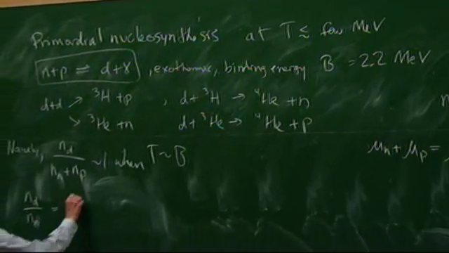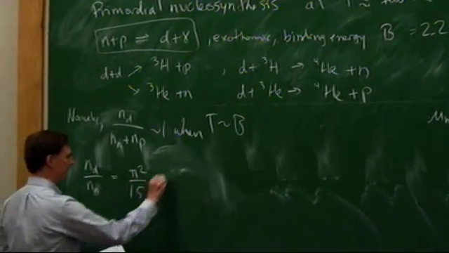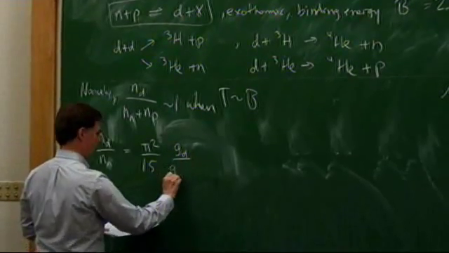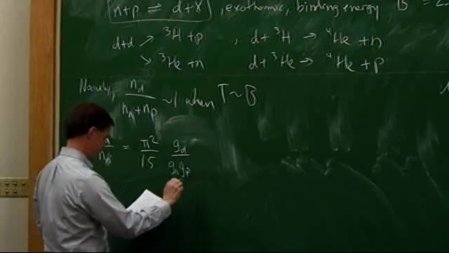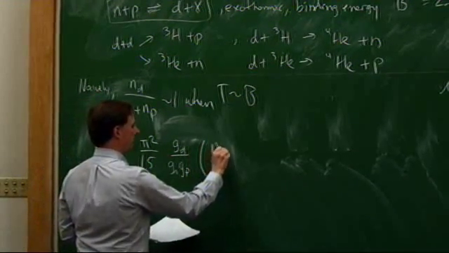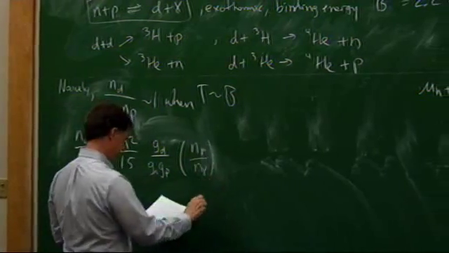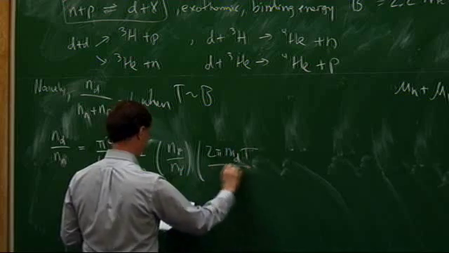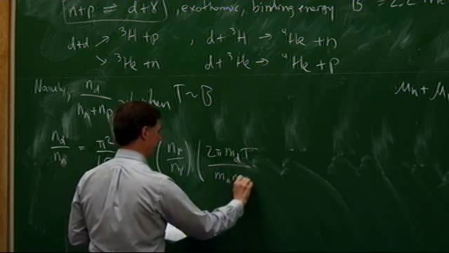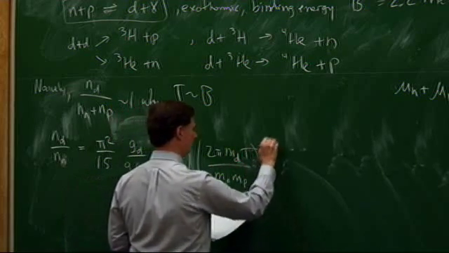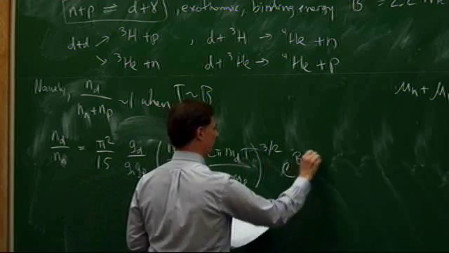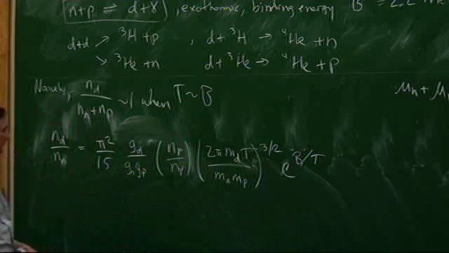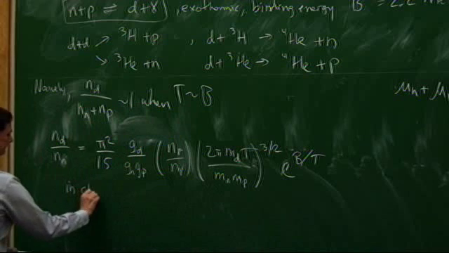That's why I have this factor pi squared over 15, and n_p over n_gamma. So this is in chemical equilibrium.